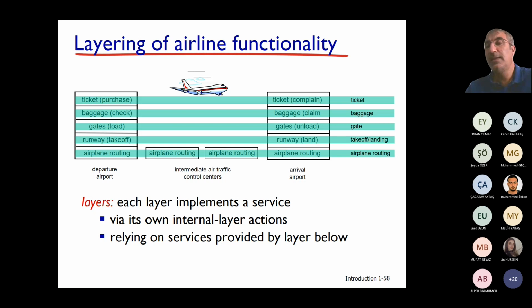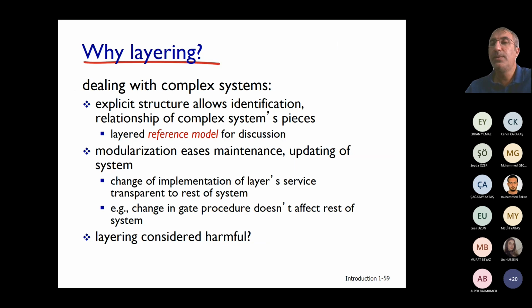So each layer is going to rely on the other services, right? First of all, the ticket office is going to rely on the baggage office, which is going to rely on the pilot, and so on. So layering is one efficient solution to deal with complex systems.